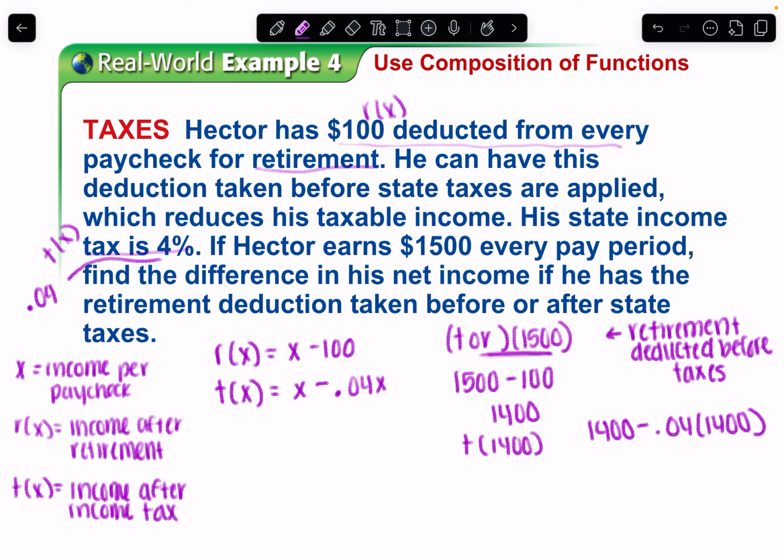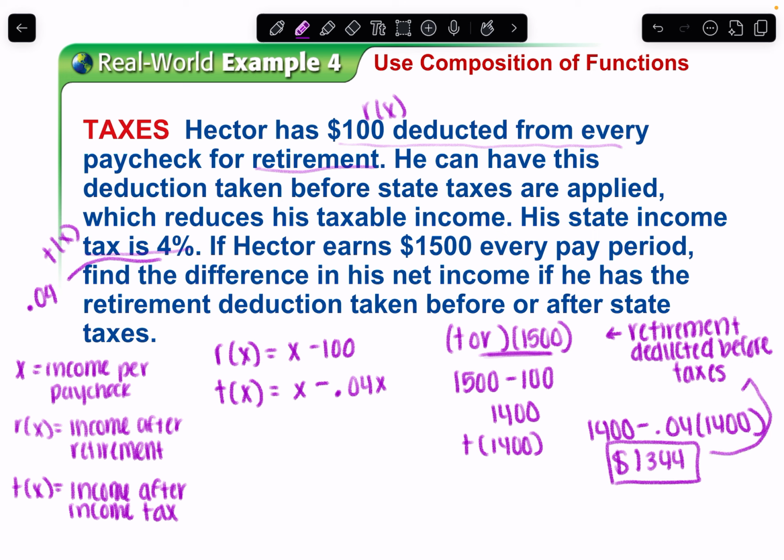This is really just plugging into your calculator. When I plug this into my calculator, I get $1,344. That is how much he would earn if I'm starting with $1,500, taking away the $100 retirement, and then being charged the tax.